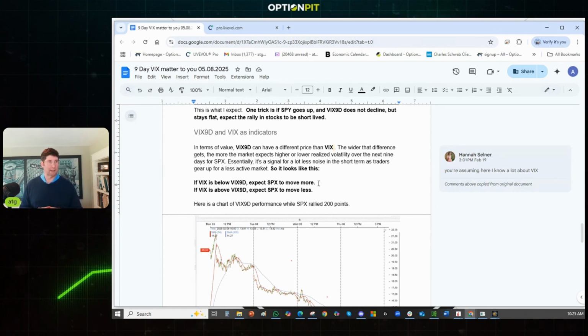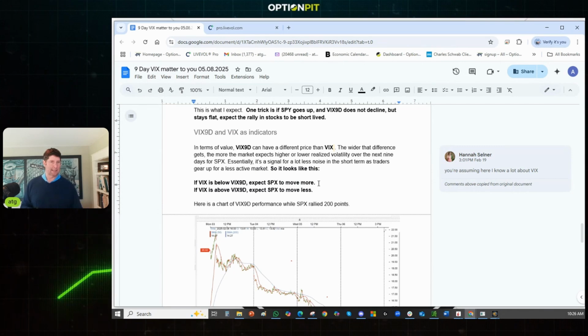The candle should be getting smaller. So today it looks like probably the first day of the week. Maybe we get a little bit more gentle of a rally if this starts to build into the end of the day. If your VIX is above the 9-day, meaning VIX is a little bit higher than the 9-day volatility, right? You're going to expect SPX to move less.